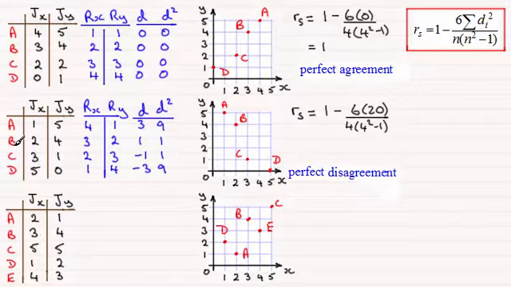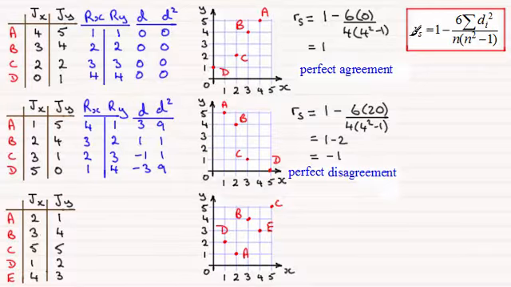Remember, n is 4 in this example. And if you work this out, this fraction comes to 2. And so you end up with RS is 1 minus 2, which comes to minus 1. So for perfect disagreement, the formula gives us minus 1.